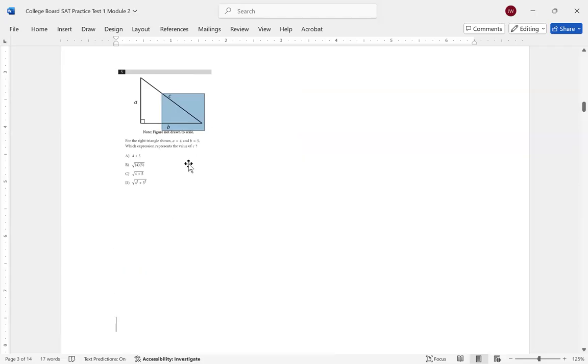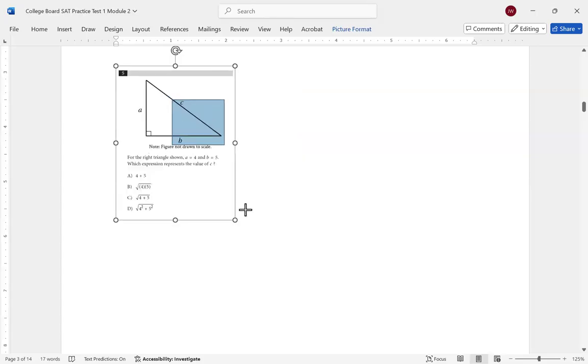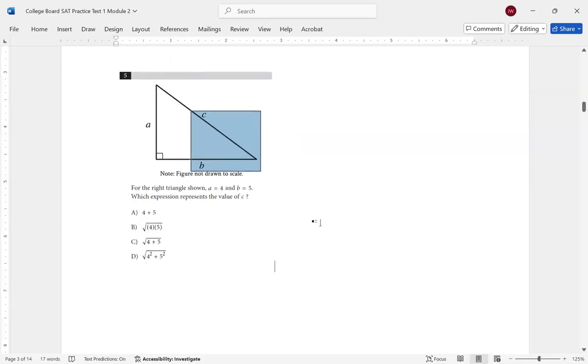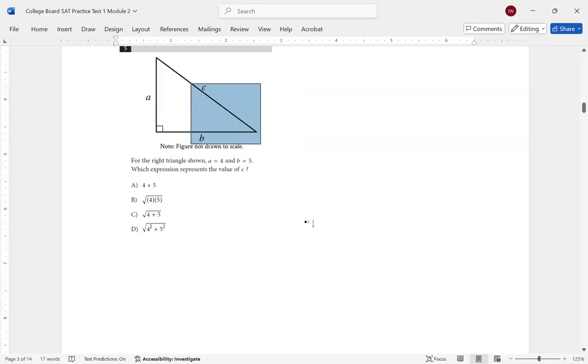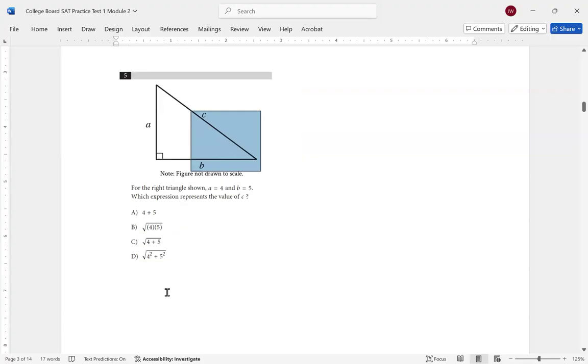For problem number 5, let's zoom that one out a little bit so we can read it. It says, for the right triangle shown, A is 4, B is 5, write an expression that represents the value of C. Now, in this case, C is the hypotenuse of a right triangle.